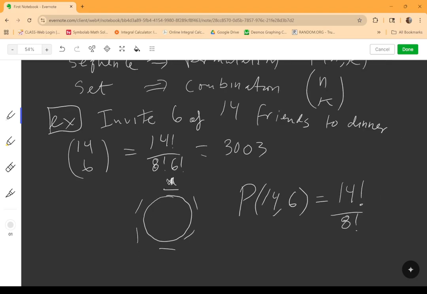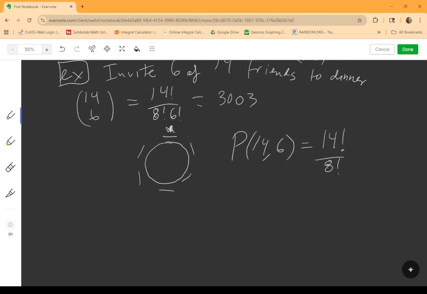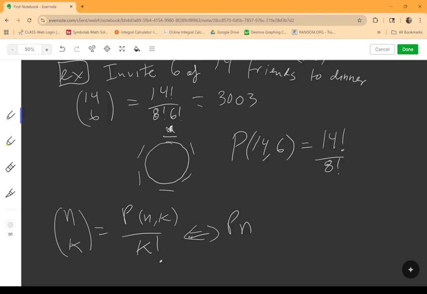Again, where I'm coming from here, if we have n choose k equal to P(n,k) over k factorial, then now I have an alternate definition for my permutation number. That would be equal to n choose k times k factorial.